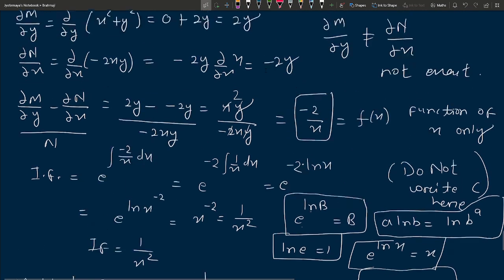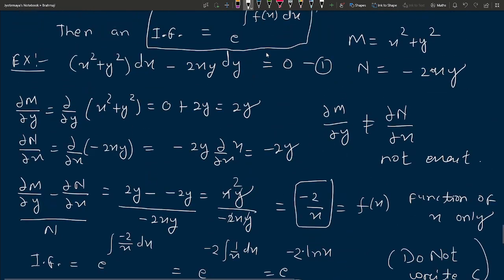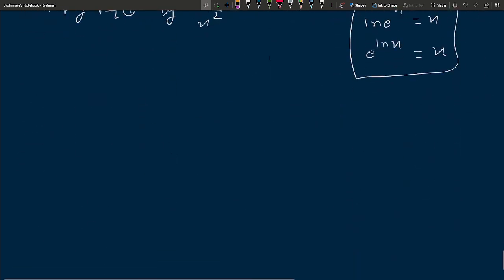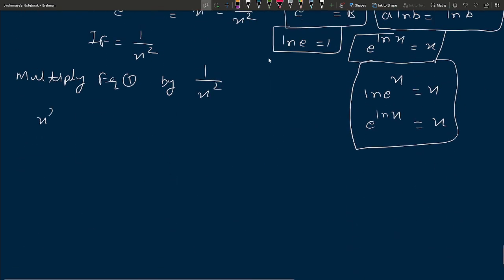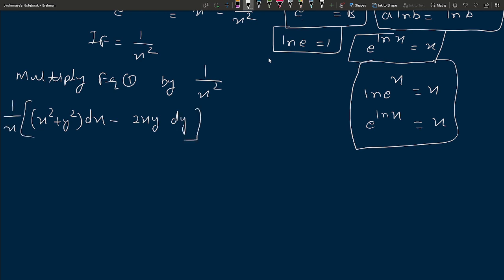What was equation 1? Equation 1 is (x square plus y square) dx minus 2xy dy, multiplied by 1 by x square, equal to 0.